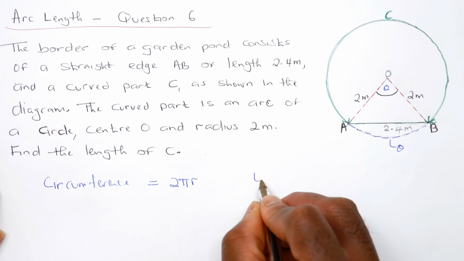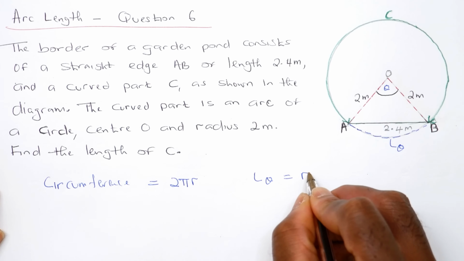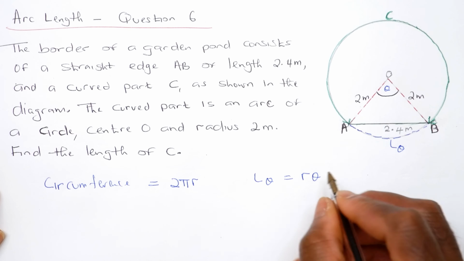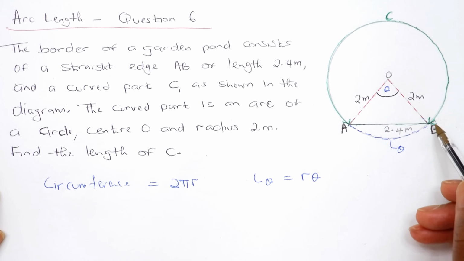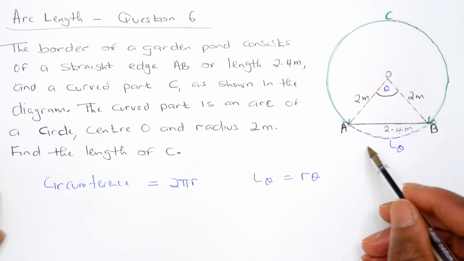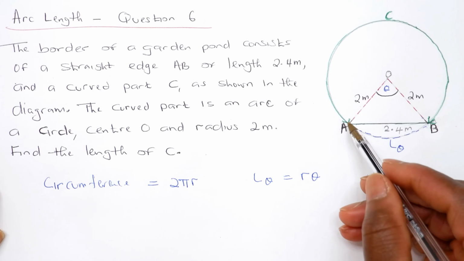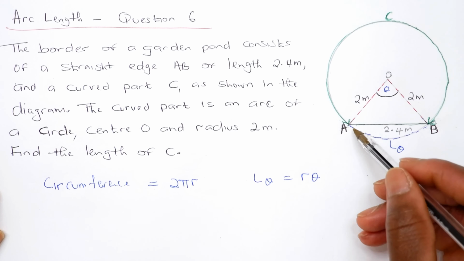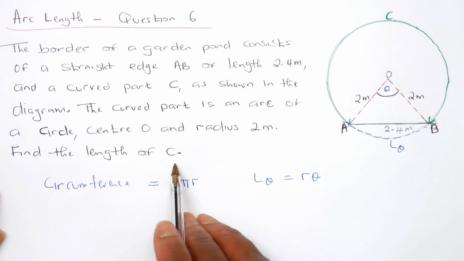So that will be L theta, and that is r times theta. If I could find that length of the arc AB, I could take it away from the circumference of the whole circle, and then I'll find the length C that is being requested.